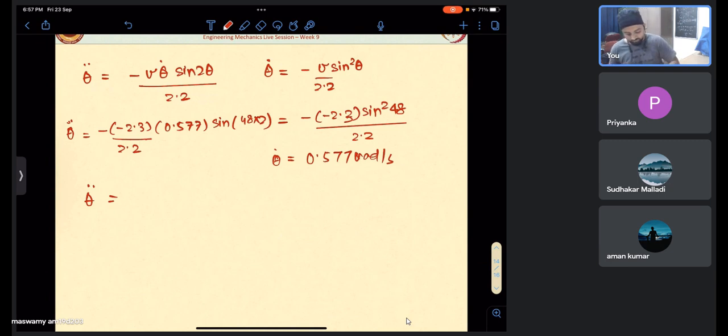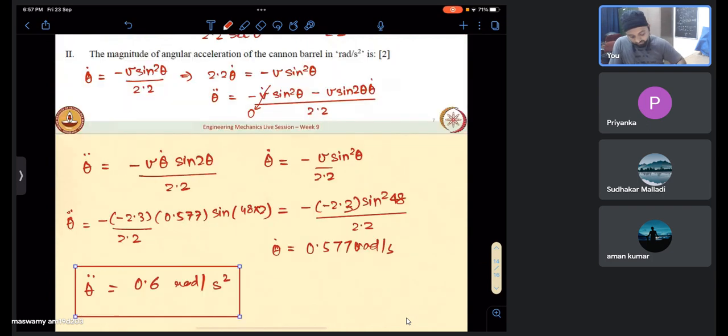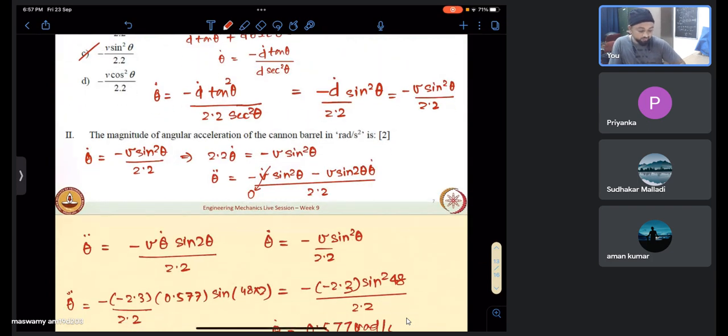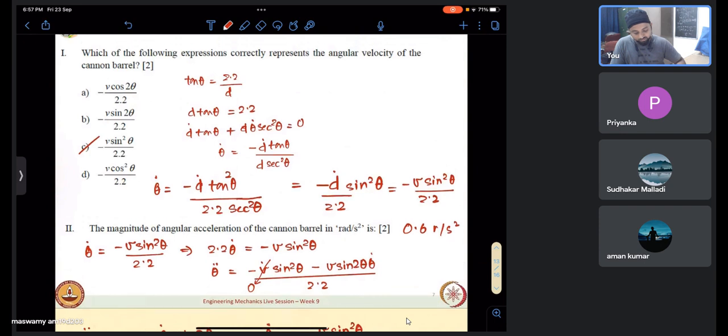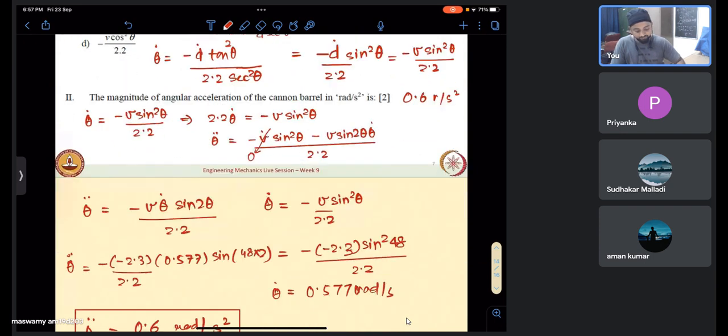So it is 0.6 radians per second squared. Angular acceleration magnitude is 0.6 radians per second squared. So we have got omega, we have got alpha. All right.